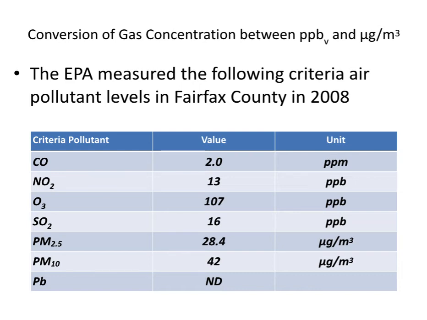These values were recorded in 2008. Let's do one example, and you can do others on your own. We'll look again at the sulfur dioxide, the SO2, which had a value of 16 parts per billion measured in the air. We would like to convert that to a mass fraction value of micrograms per meter cubed.